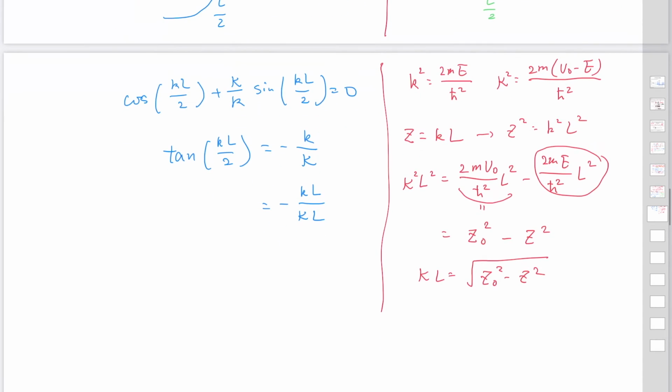You can consider, then if you substitute g instead of k and κ, it becomes tangent g over 2 equals minus g over the square root of g₀² minus g².